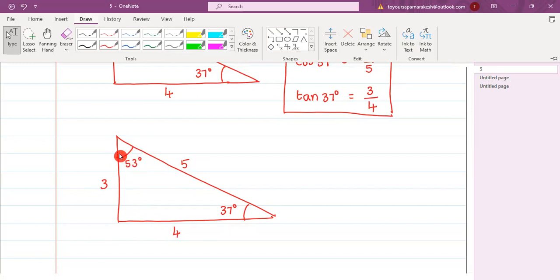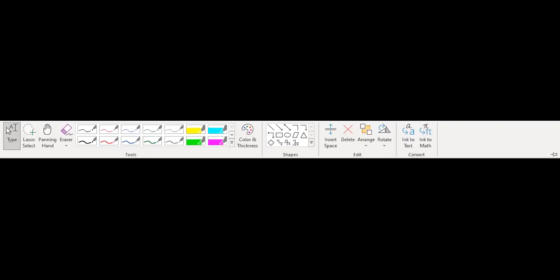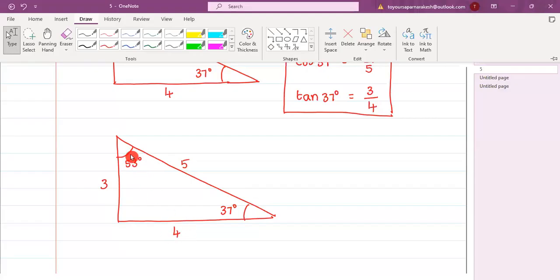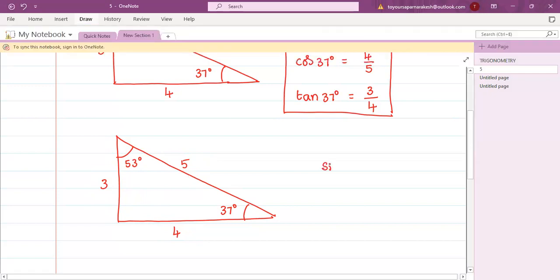With respect to 53 degrees, what is the opposite side? 4. With respect to 53 degrees, opposite side 4, adjacent side 3, and hypotenuse 5. Therefore, first I want to find sine 53 degrees.